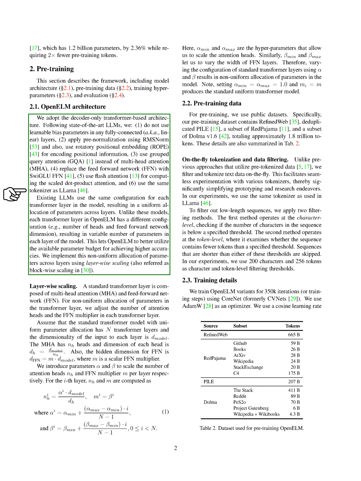Unlike traditional LLMs with uniform parameter allocation in each layer, OpenELM varies the configuration of transformer layers to make better use of the parameter budget for improved accuracy.